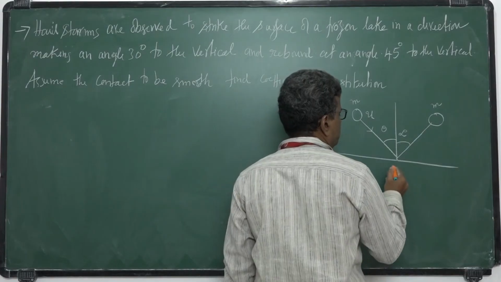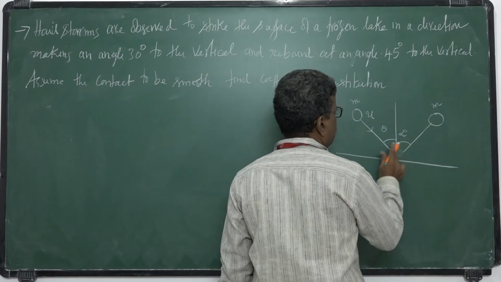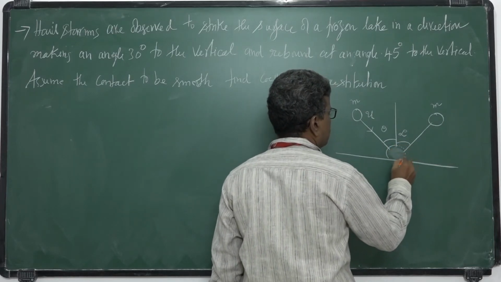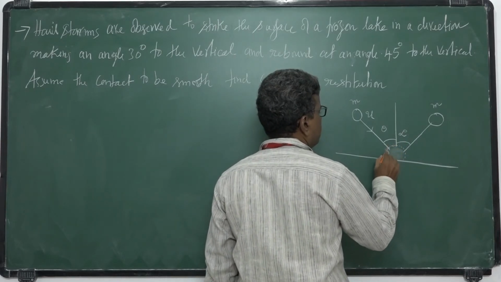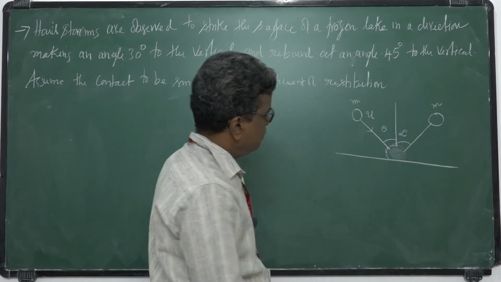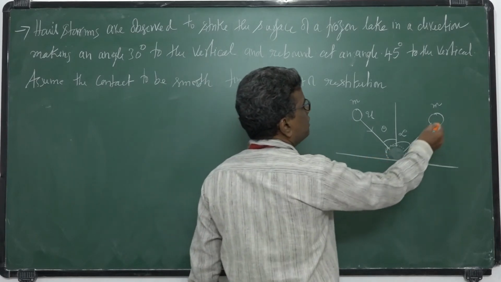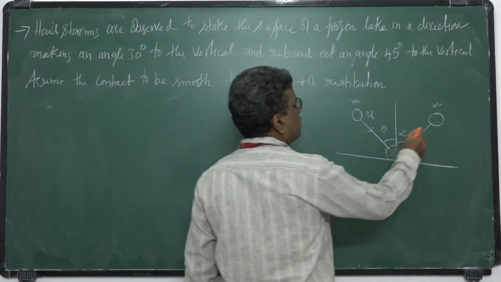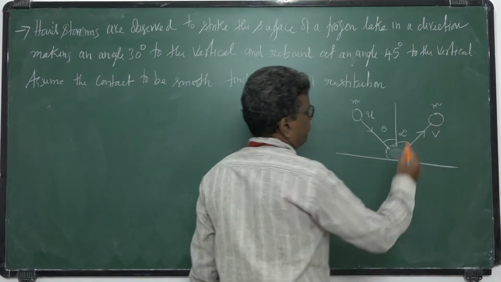At the time of collision the hailstone will be like this. This is before, this is at the time of collision, this is after collision. After collision what speed it is moving we don't know, let it be v.